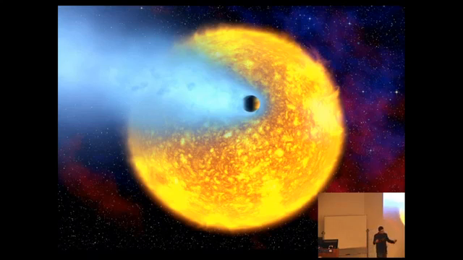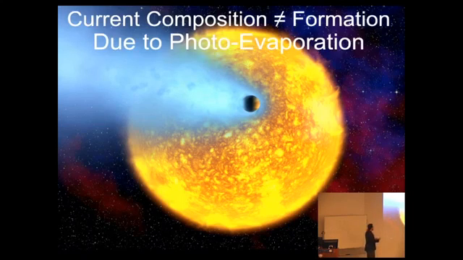And now for gas giant planets, as is pictured here, I think Andrew also had this very nice artist conception on his title slide, you get this huge cloud of gas coming off in Lyman alpha that can be observable. But if you're a hot Jupiter, you may be losing an Earth mass a gigayear. Well, you've got 300 Earth masses to spare. What do you care? It's amazing, it's observable, it constrains a lot of physics, but it doesn't really affect the planet.